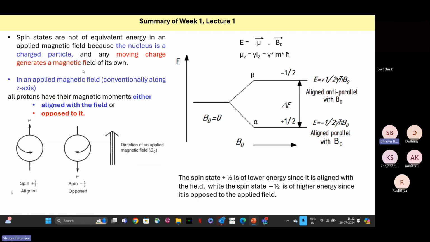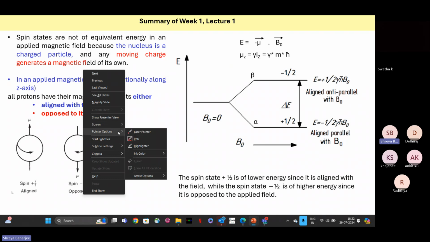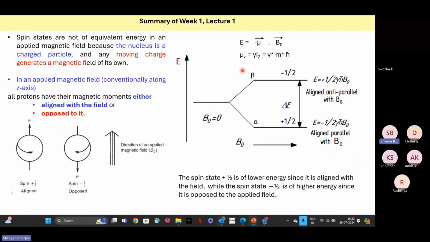So now we'll talk about how the different energy states are split in an NMR spectrum. So basically, we discussed that there can be 2I plus 1 spin states. And in the absence of an external magnetic field, these spin states have the same energy. However, when an external magnetic field is applied, so suppose we have this arrow, this is the external applied magnetic field B0.